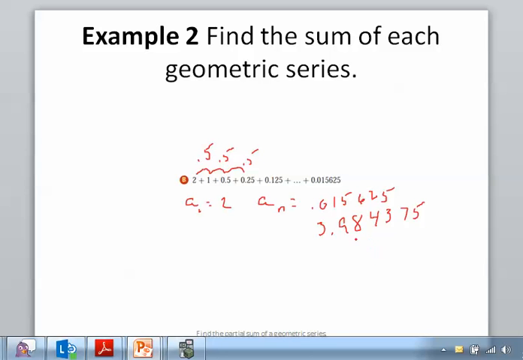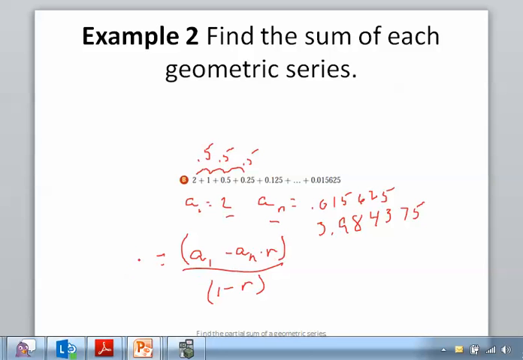So, the way I did that, I didn't have to know what the n was. I didn't know how many terms it had to be. I did have to know the first number, the last number, and then I used a sub 1 minus a sub n times r divided by 1 minus r. Now, I put both of these in parentheses when I'm doing them on my calculator.